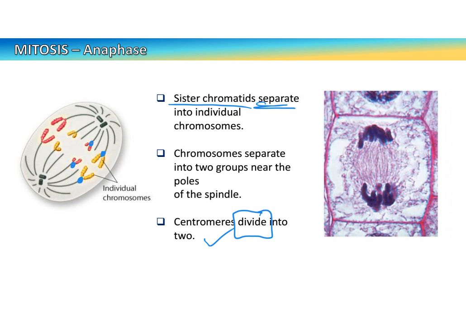Dividing means that the centromere has been divided equally into 2 parts. And we see that the chromosomes are separated into two groups near each pole. Looking at these, you'll be able to tell there's a lot of spindle fiber movement, and they are aligning at the two opposite sides of the cell.